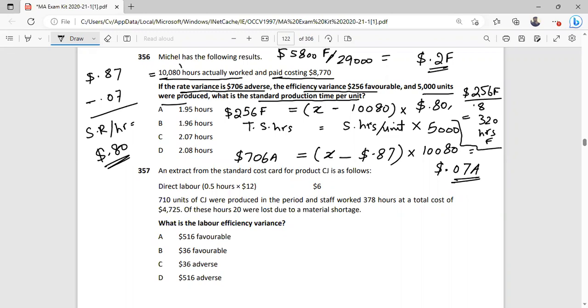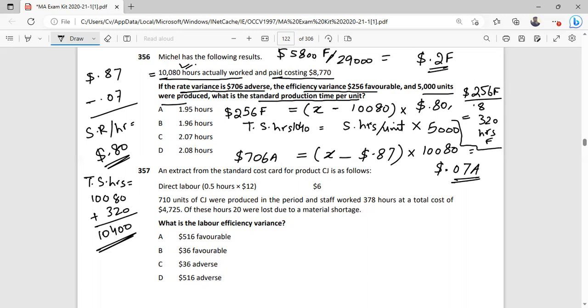We are actually consuming 10,080 hours, which are favorable by 320. Total standard or total allowed time to the workforce was 10,080 plus 320. We have 10,400 total standard hours.